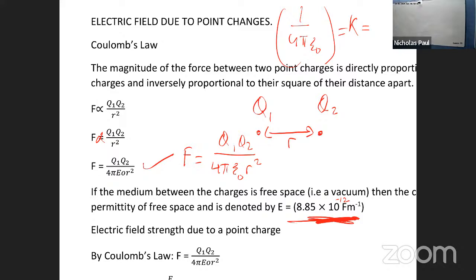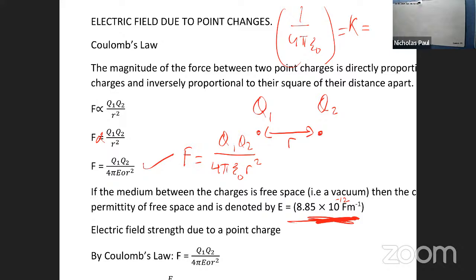All the constants are there, so you can use them. You have a different epsilon. Yeah, it has a different epsilon. So the epsilon is with the free space.